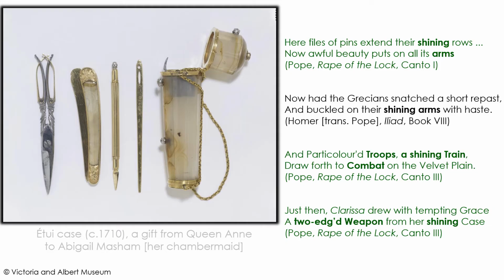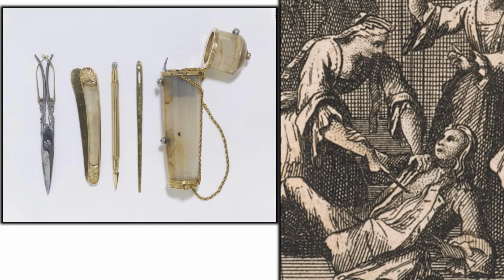So trivial items take on epic proportions. And ultimately in Canto 5, it is these exact items which were foreshadowed as militaristic that Belinda and the other nymphs take up as weapons.